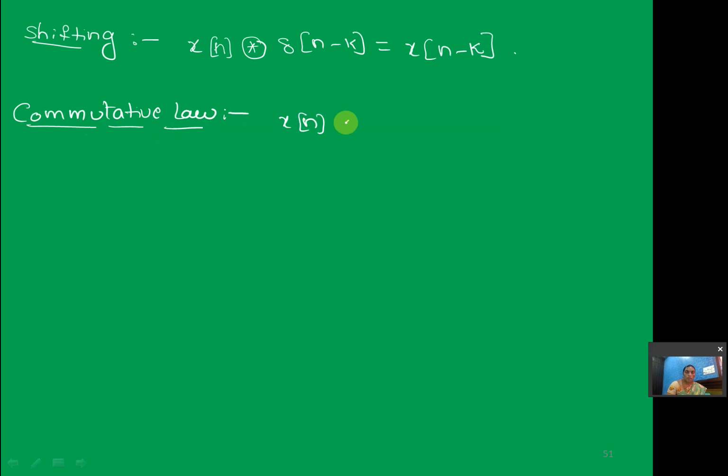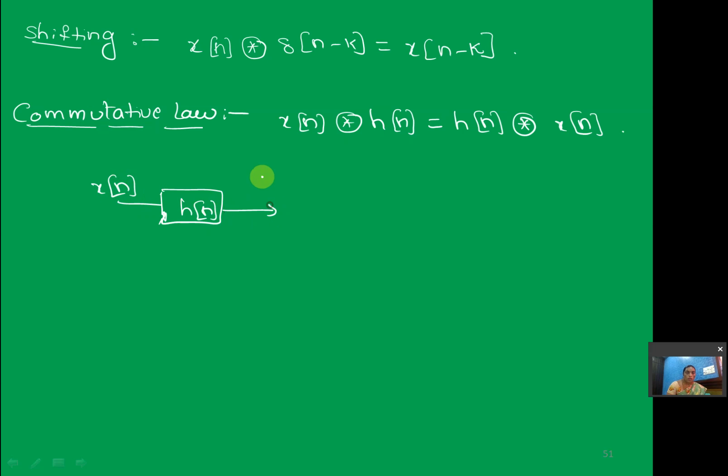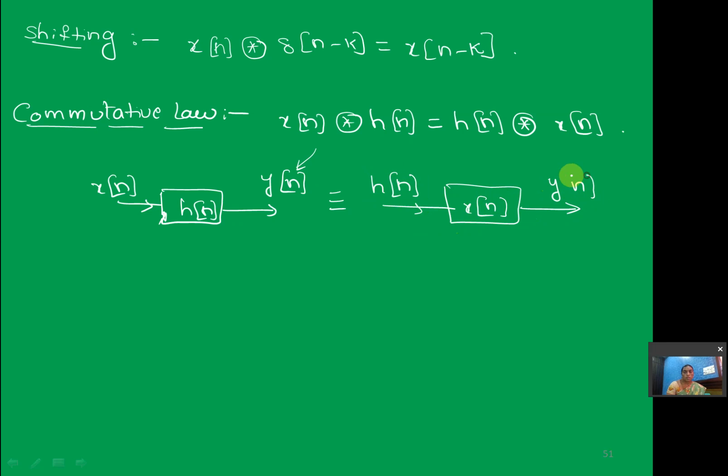AB is equal to BA. x(n) convolved with h(n) always gives h(n) convolved with x(n). Here h(n) is the system response, the input is x(n), and the output is y(n). So y(n) is x(n) convolved with h(n), which is always equal to taking the input as the system response and the impulse response as the input. It also gives the same output y(n).